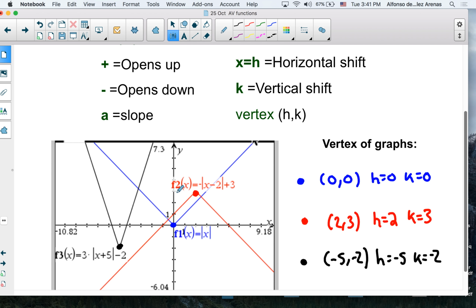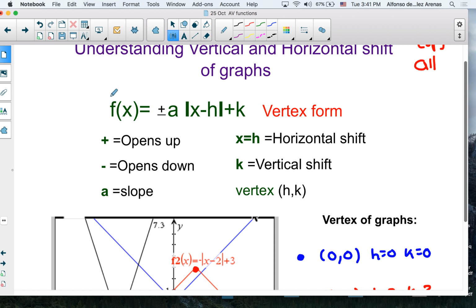This one is shift up or shift to the right. It's a horizontal shift and vertical shift. So those are the changes. So this is the form that you have to remember. Okay? Absolute value function, h is a horizontal shift and k is a vertical shift.